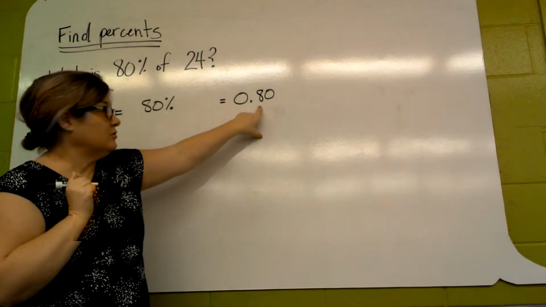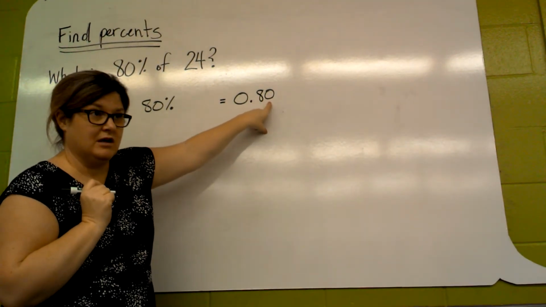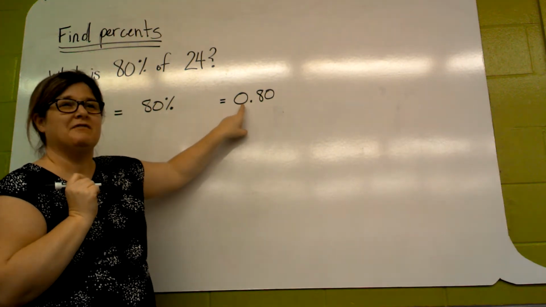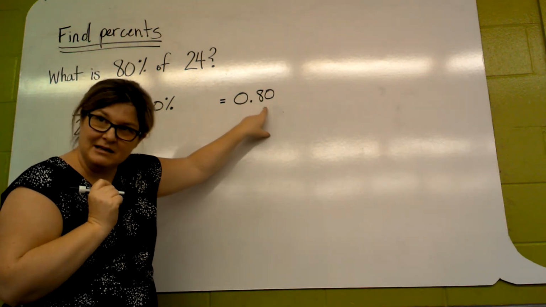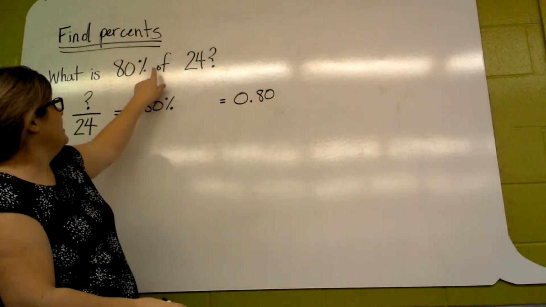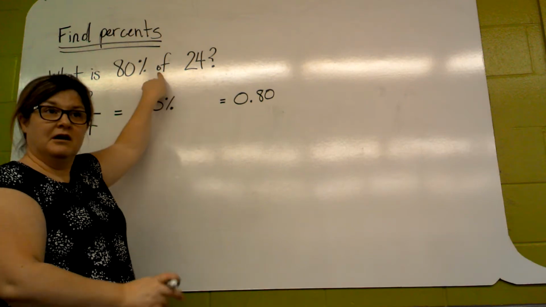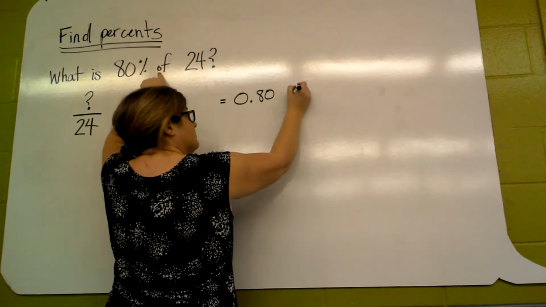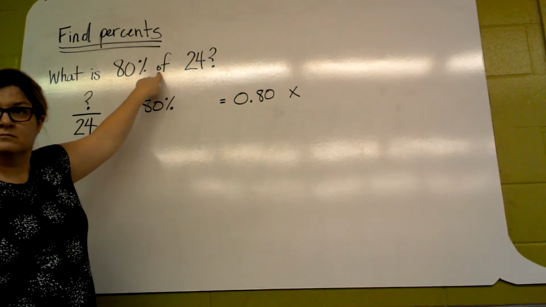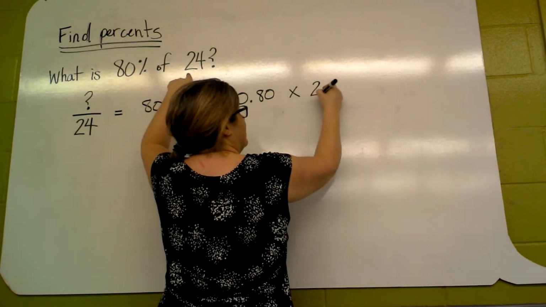You can ignore the 0 on the end. You can put the 0 on the end. What's important is that you have 0.8 in the tenths column. The other part, the wording of it, says of. Of means multiply. And it's out of a possible 24.